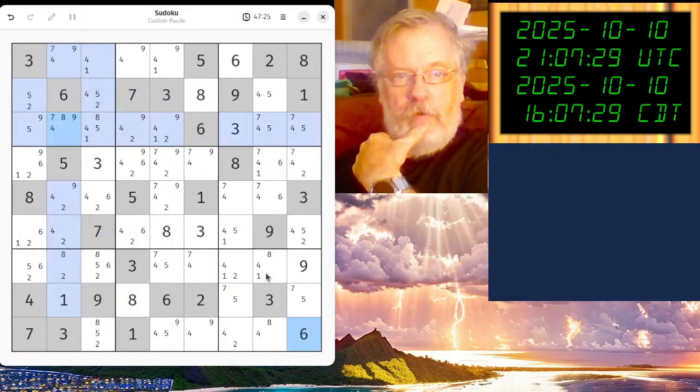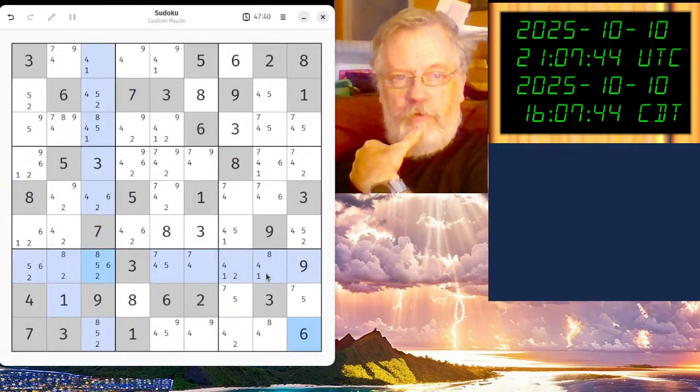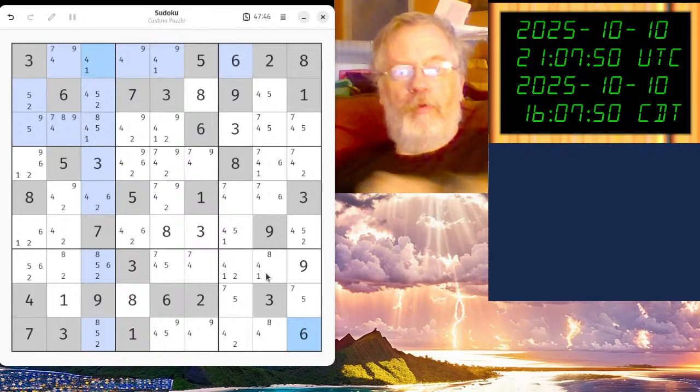And now I've got 2 possibilities here. Anything else that I can quickly note as an 8? Nope. 3 possibilities down here and 2 possibilities here. This is the third one of that earlier block.